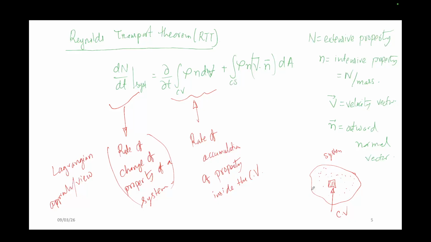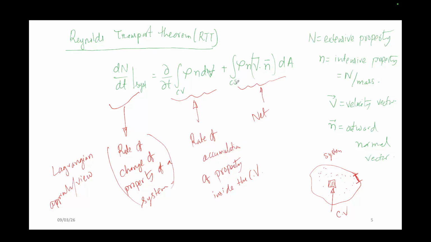The next part, the second, is the CS, which means the control surface. What is a control surface? Say if I take a small section of the surface, whatever is coming into or going out of this surface, we have to look at.